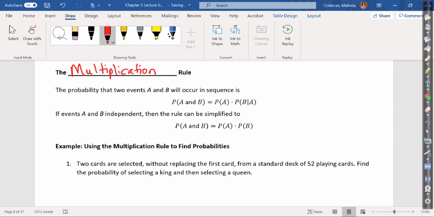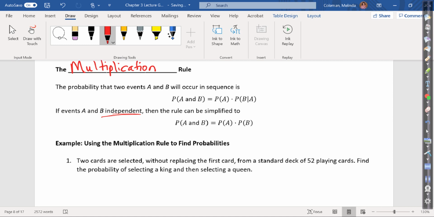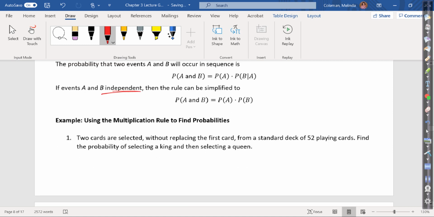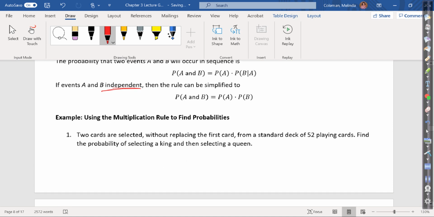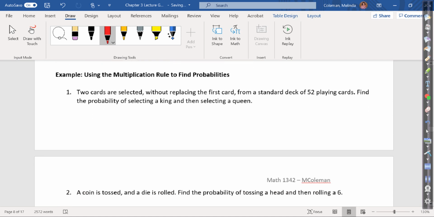If the two events are independent, that's why we needed to know whether they're dependent or independent, then the rule can be simplified to probability of A and B just to the probability of A times the probability of B. So we'll explain this a little bit more. But basically, we're looking at whether they're dependent or independent, and we're going to be multiplying these together. So it works out okay.